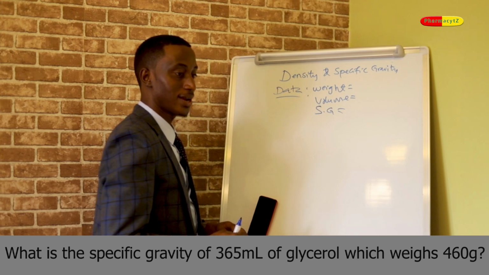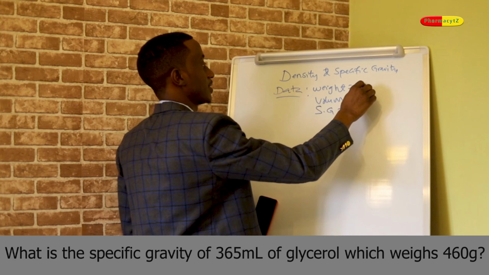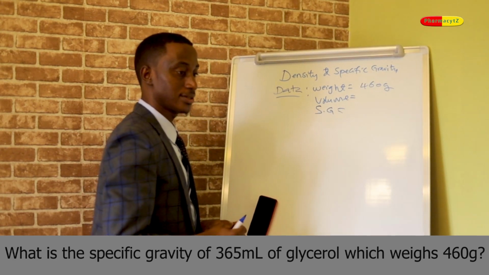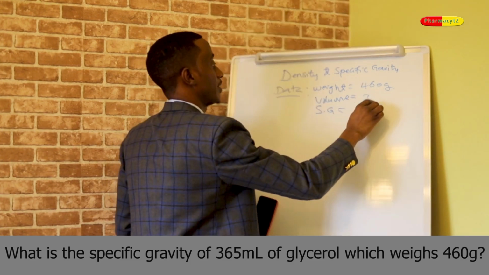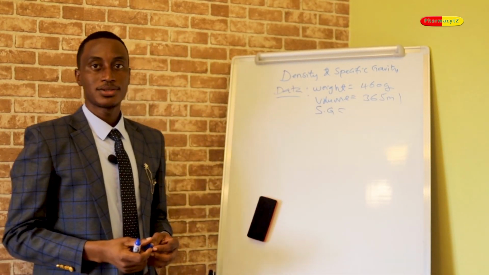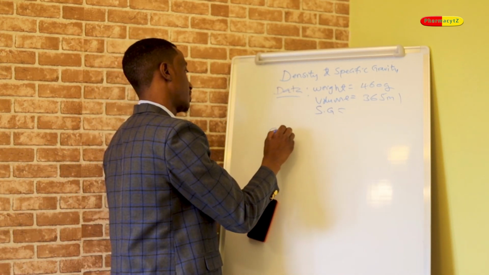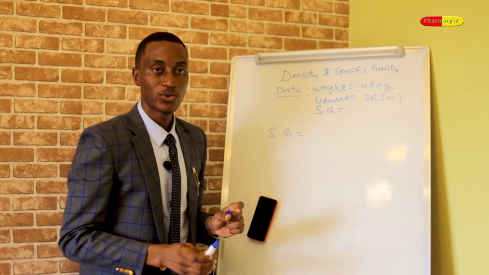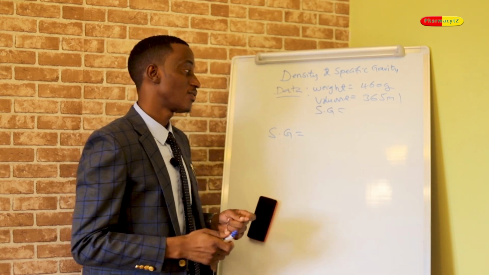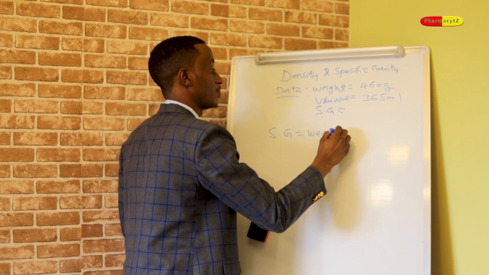The weight of glycerol is 460 grams, and the volume is 365 mils. There are different aspects of solving this question, but always specific gravity is equivalent to the weight of the substance over weight of equal volume of water. So this is one of the formulas used to solve this.